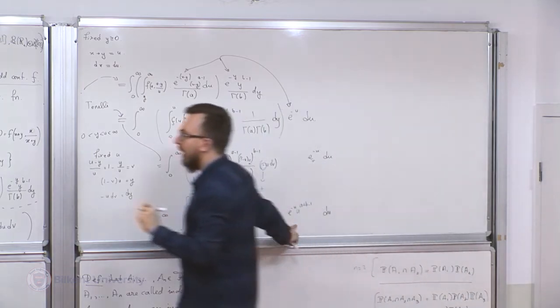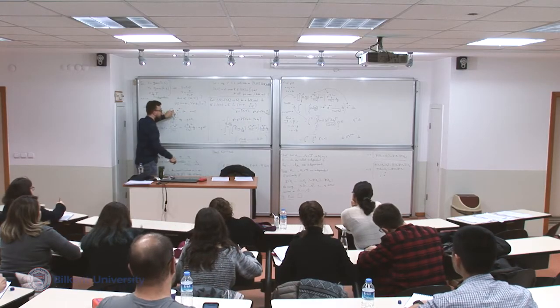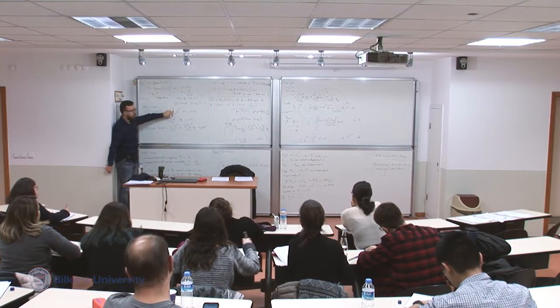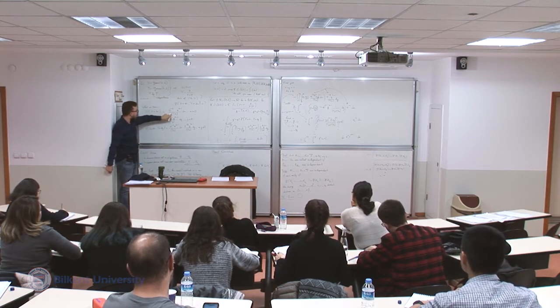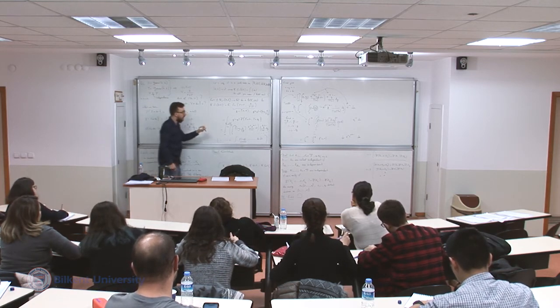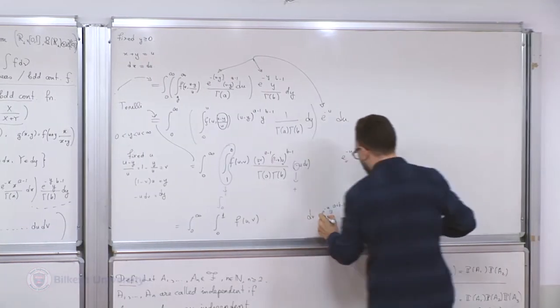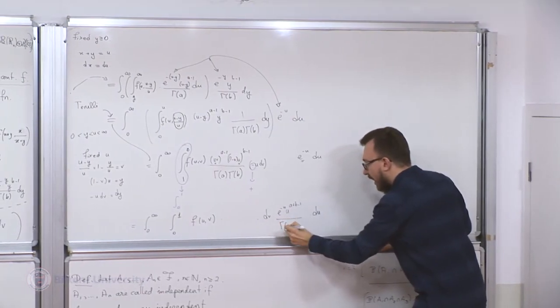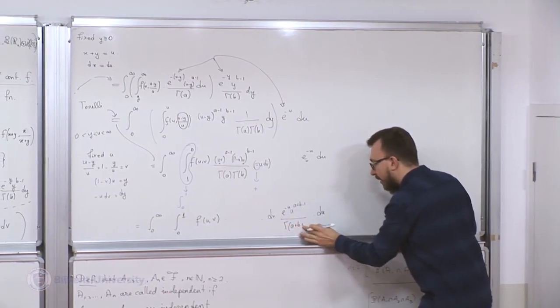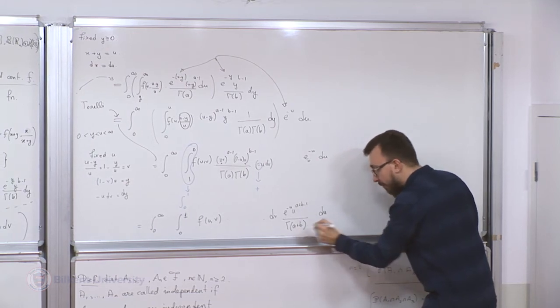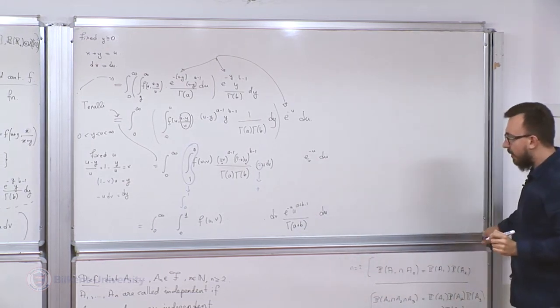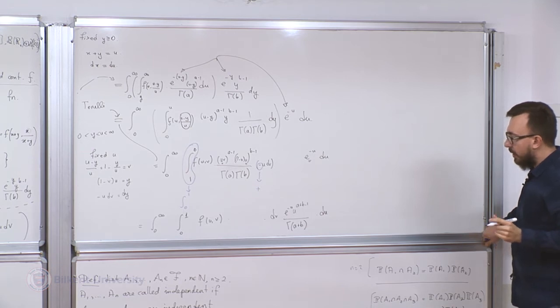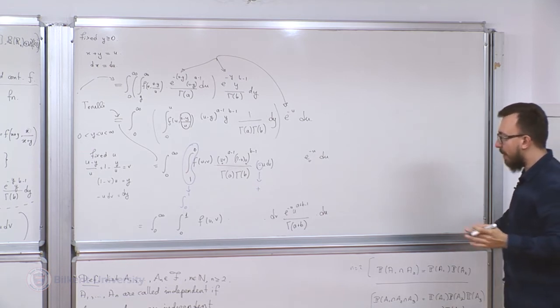Okay? So what does it look like? This looks like a gamma distribution. All I need is my gamma function in the denominator. So if I divide it by gamma of a plus b minus 1, no, just a plus b, this is going to be a gamma distribution. This is going to be the probability density function of a gamma distribution.